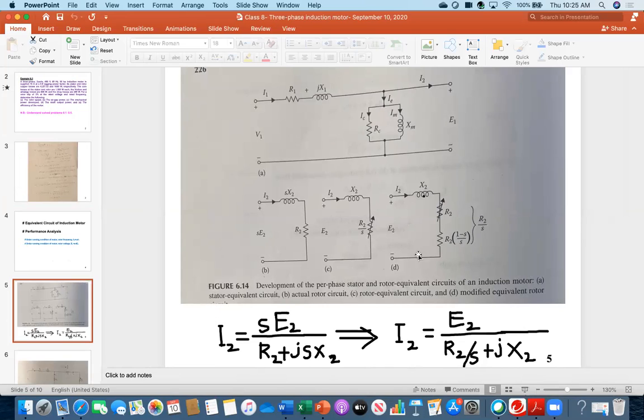And B, C, D are all the rotor equivalent circuit in different formats. I will come to that gradually. The top one is the stator equivalent circuit. If you remember the transformer primary side, it is exactly the same thing.